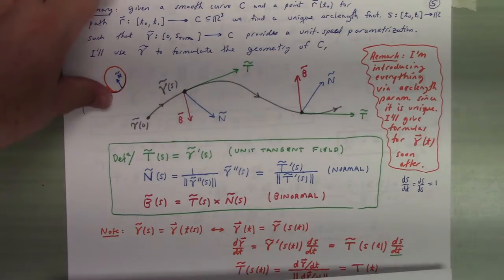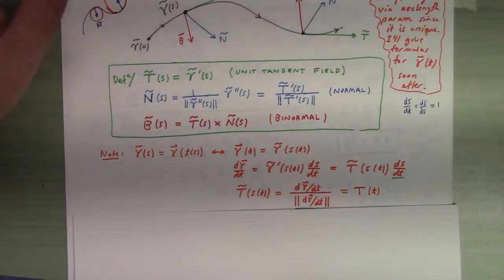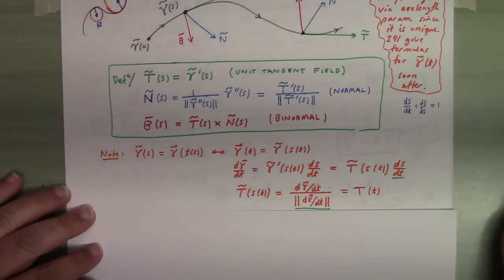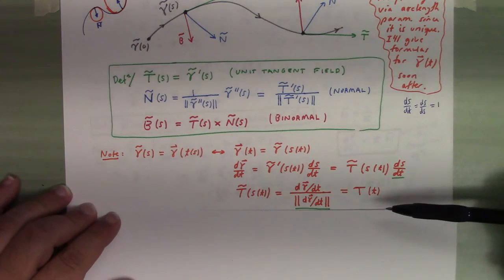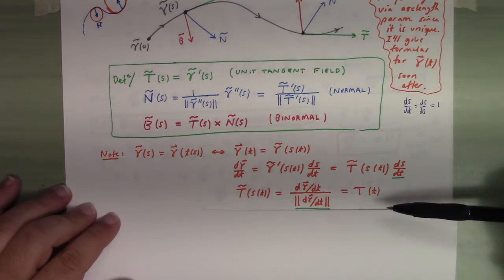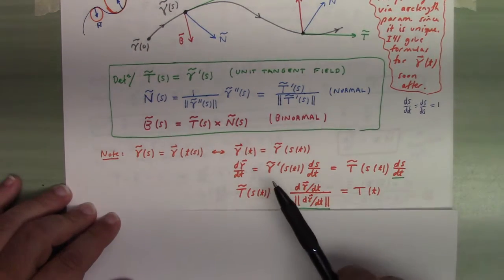Now, just a little flash forward here. I'll come back to this more a little bit later. But to get to the time version rather than the arc length version of the unit tangent, we end up having to look at the chain rule.